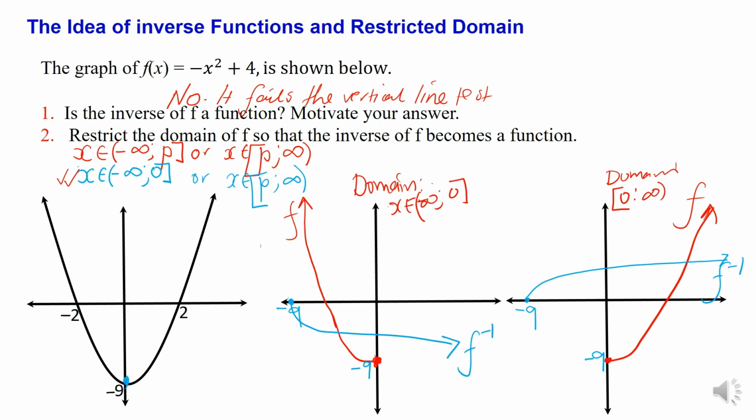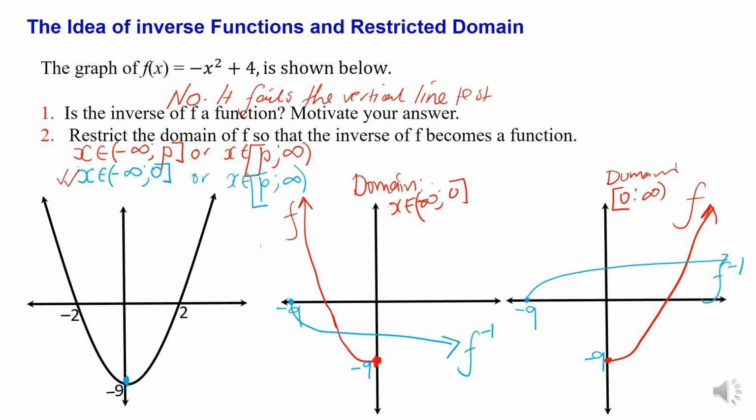So basically what we are saying here is that if you are restricting a graph, you are drawing half of the graph. My graphs are not very smooth, I'm sorry, but the idea is what you need to make sure you understand. Then lastly, what is the relationship between a graph and its inverse?